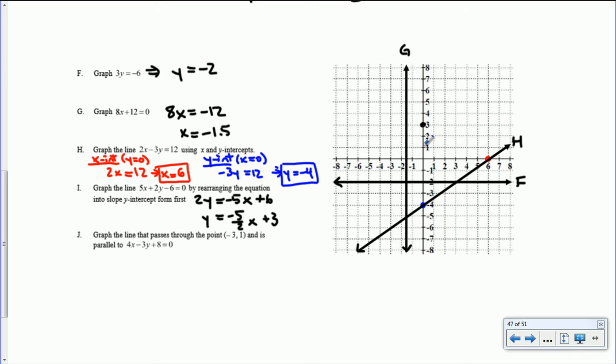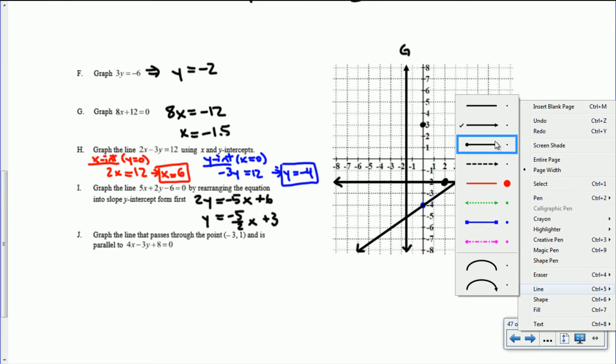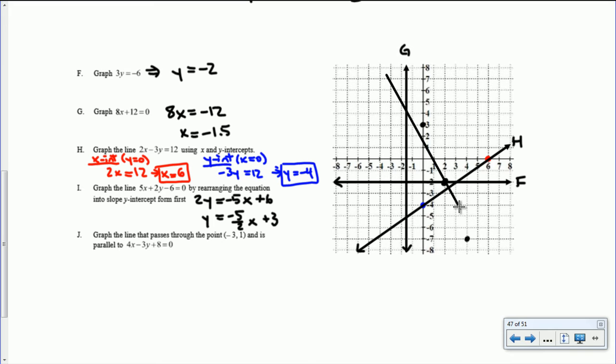So rise 1, 2, 3, 4, 5, and run is 2. So that would be the next point. And then from there, 1, 2, 3, 4, 5, and then over 2. There we go. Okay, let's connect those 3 points. That's about parallel.